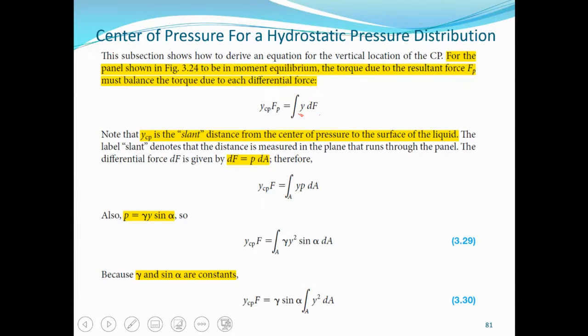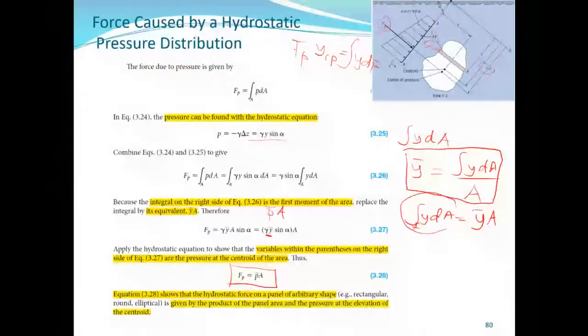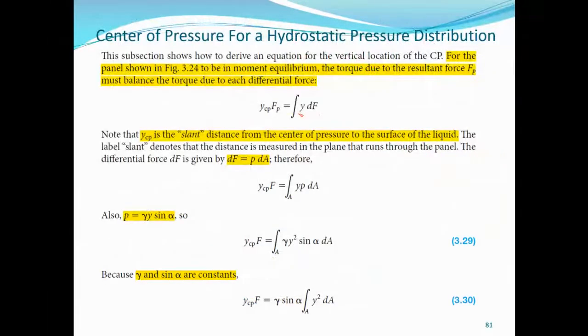YCP here is the slant distance from the center of pressure. If you look at YCP, it is slant, meaning inclined. It is the inclined distance from the center of pressure to the surface of the liquid, and denotes the distance measured in the plane that runs through the panel.